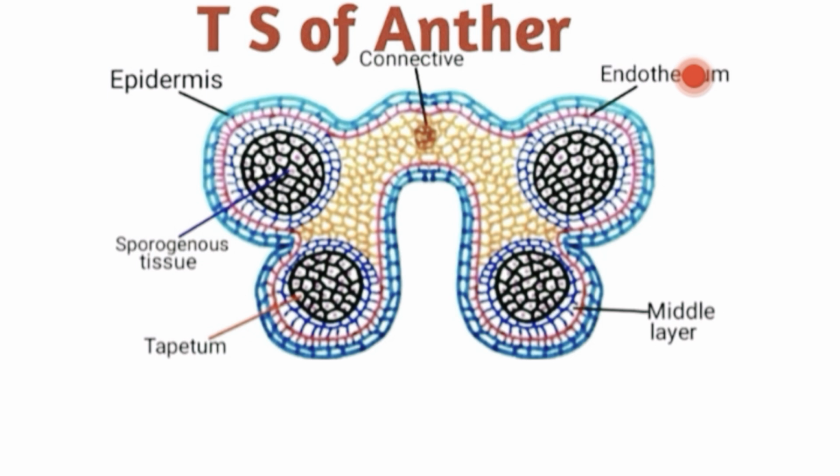Next to that is the middle layer. The middle layer is made up of 1 to 2 layers of thin walled cells, and this middle layer degenerates in the mature anther. Even the tapetum, the innermost one, also degenerates.